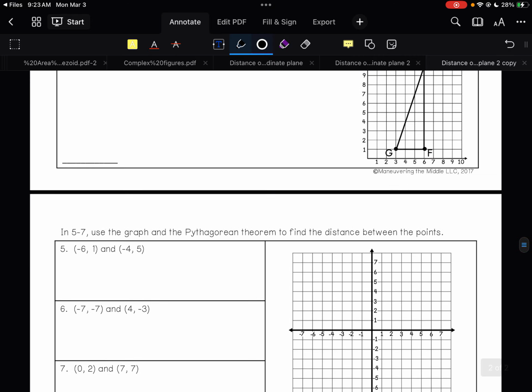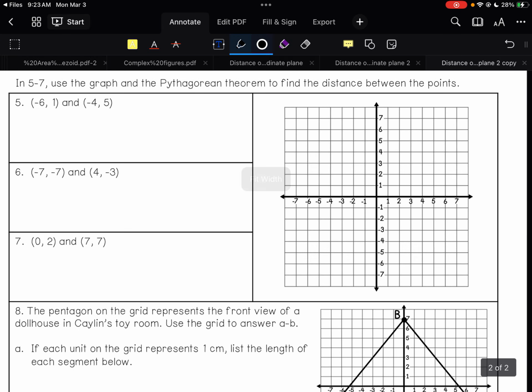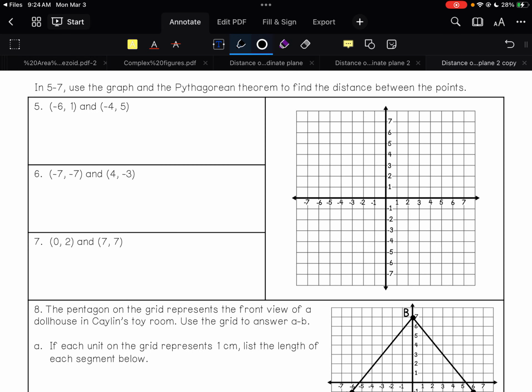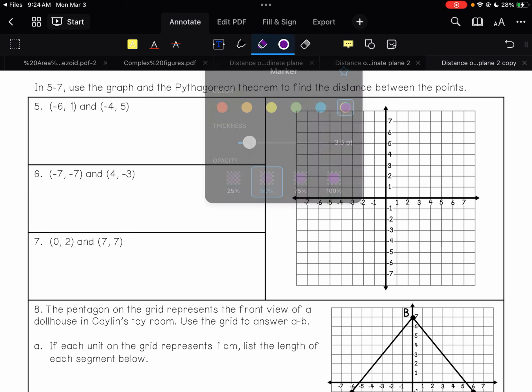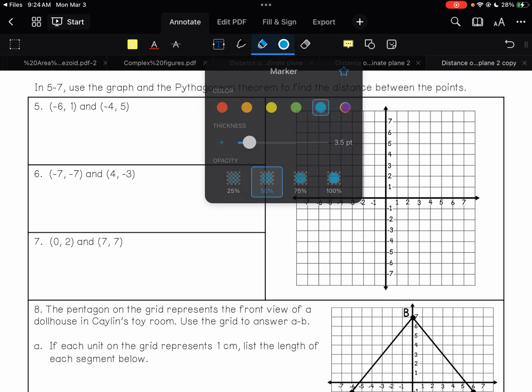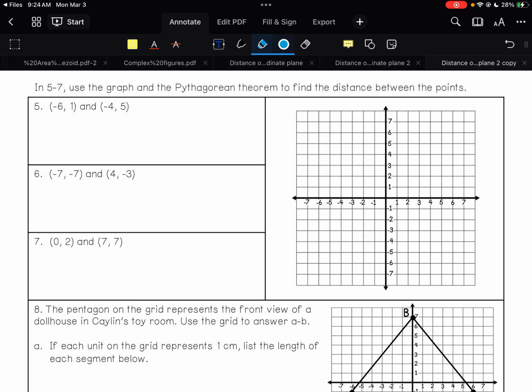All right, we are moving on to the next one here. This time you have to graph your points. They don't already give you your points, so we're going to start by graphing them in blue. We have -6, 1. Let me erase some of that. I don't know why it's artifacting so much, but we have -6, 1.